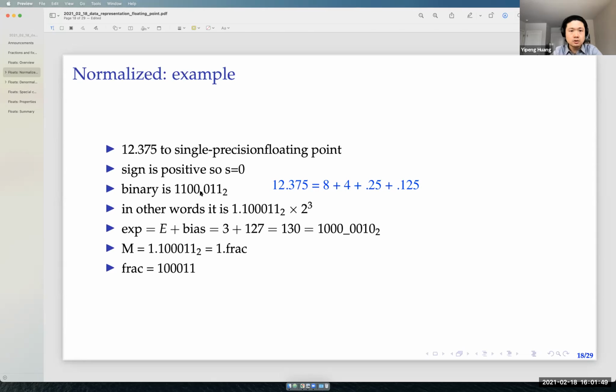Here, we need to move the decimal point 3 places to the left, and to make the number equal, we multiply the whole number by 8, which is 2 to the power of 3. So now we've represented this number as a mantissa times 2 to the power of an exponent.